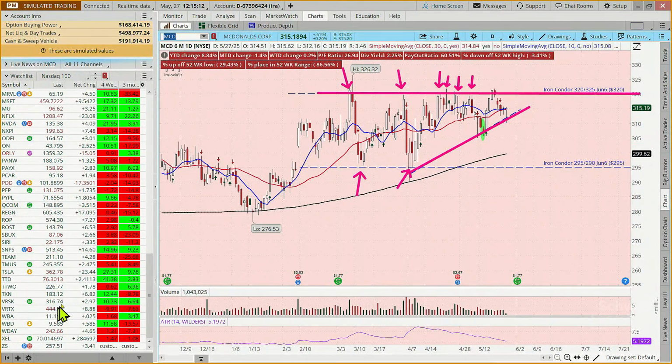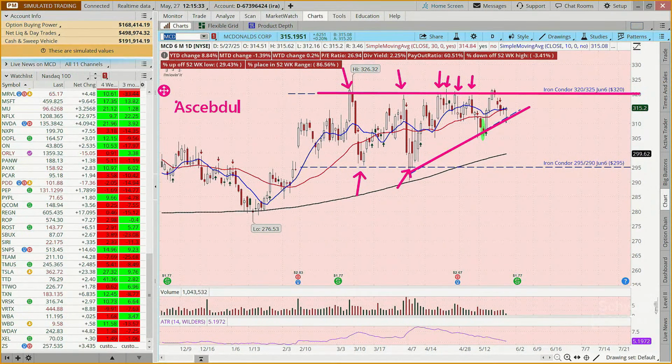And what do we call it when that happens? Well, that's an ascending triangle. And so this is where, if we were doing a little bit of trade management, we might look at that and say, maybe it's time for us to close out that trade if we're thinking that it might break out.